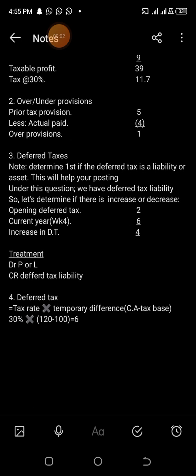You must always determine first if the deferred tax is a liability or an asset. I have told you before. When you are to calculate for deferred tax increase or decrease, please always know if the deferred tax you are considering is a deferred tax asset or a deferred tax liability. It will guide you to know how to appropriately put the figures where they belong.